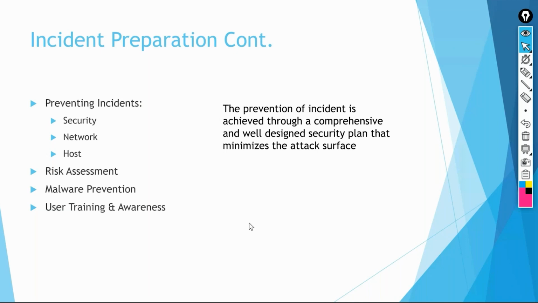The ultimate goal of incident management is to always reduce the impact of the incident. So the prevention of an incident is achieved through a comprehensive and well designed security plan that minimizes the attack surface. That is the advantage of having incident preparation.